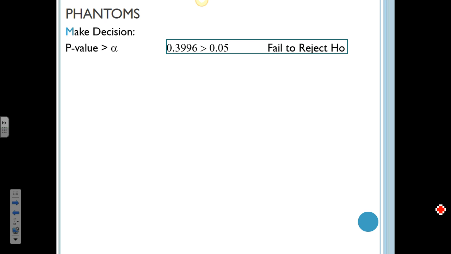So what does this mean? What conclusions can we draw? Since our p-value is greater than significance level alpha, we fail to reject H0.